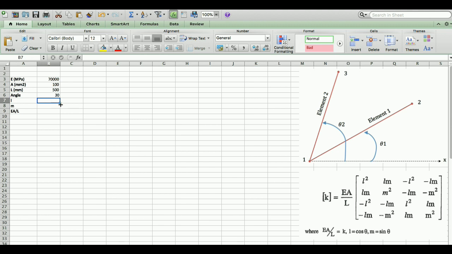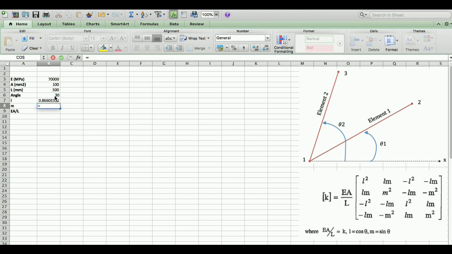Lowercase l is cos of theta, so I make L equal to cos, and then I choose the angle. However, Microsoft Excel uses radians, so I convert this to radians by multiplying by 3.1415, which is pi, and then dividing it by 180.